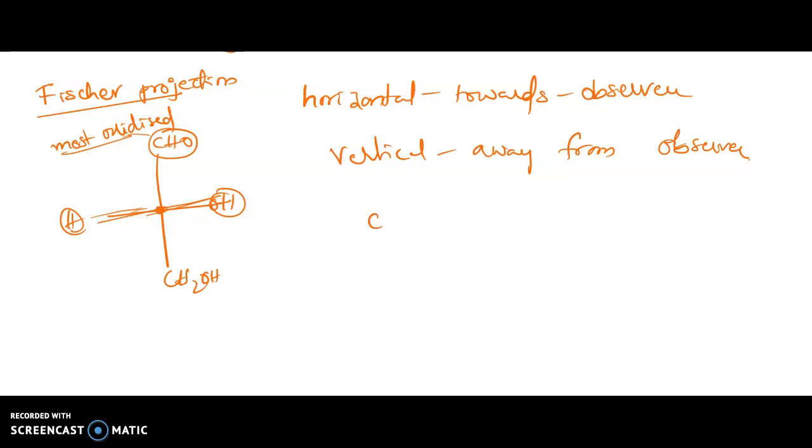The formula of that compound is CHO, COH, H, and CH2OH. In this way we have to represent organic compounds, and remember the highly oxidized group should always be represented on the top of the vertical line.